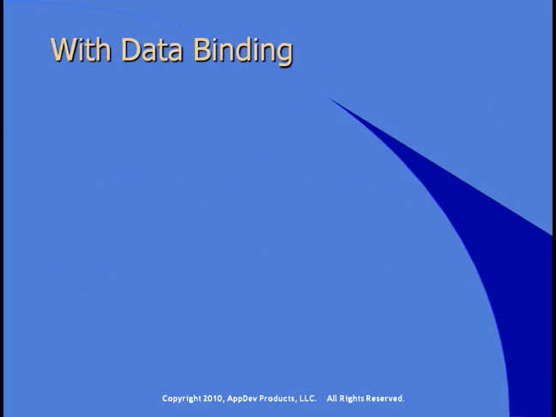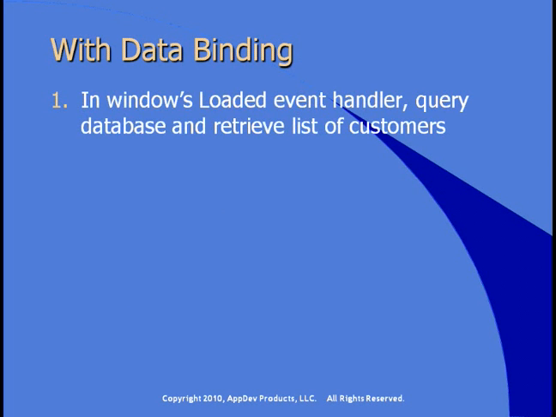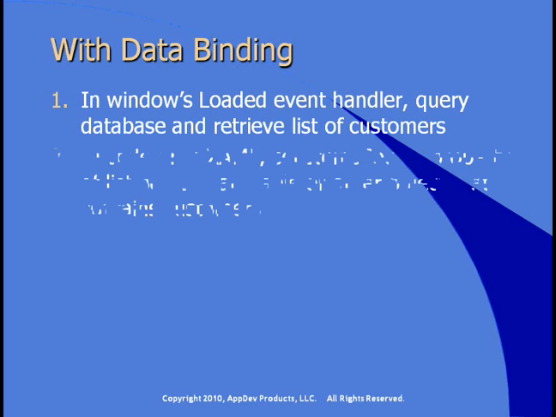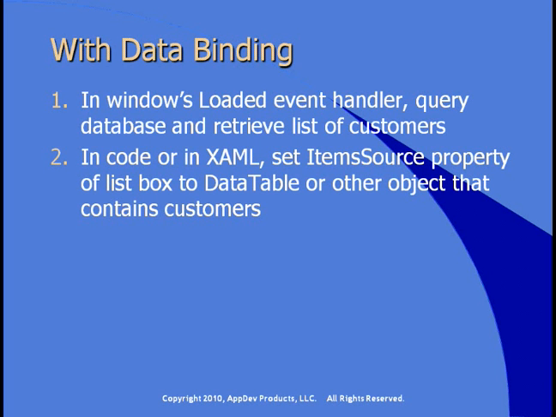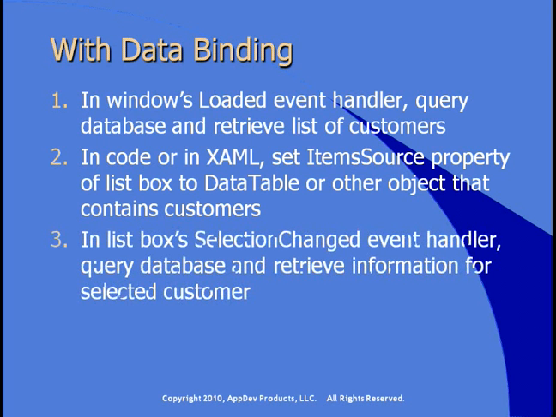Now if you're using data binding, you still have to query the database and retrieve the list of customers, and you still have to set the ItemsSource property of the list box to display the customers. And then when the user selects a customer, you still need to query the database and bring back the information for the selected customer, but you don't have to write the code that populates the elements in the window.